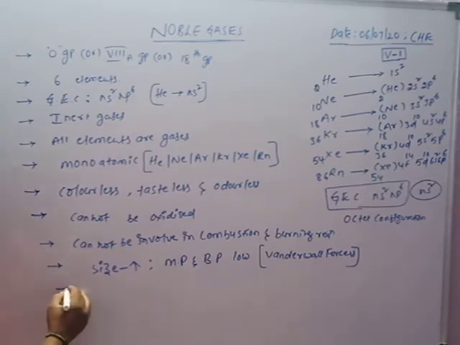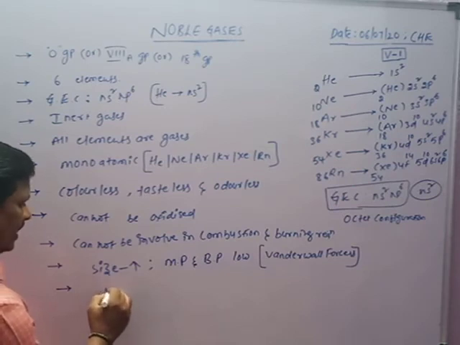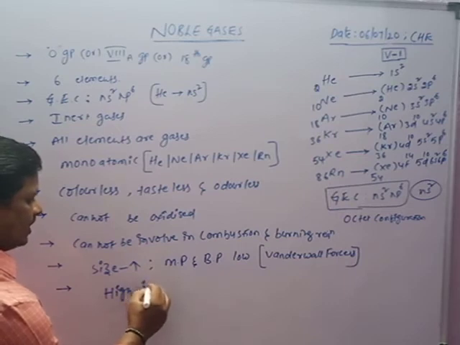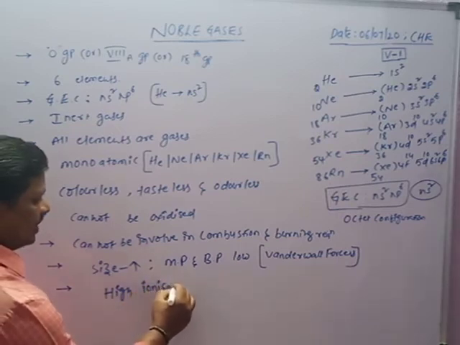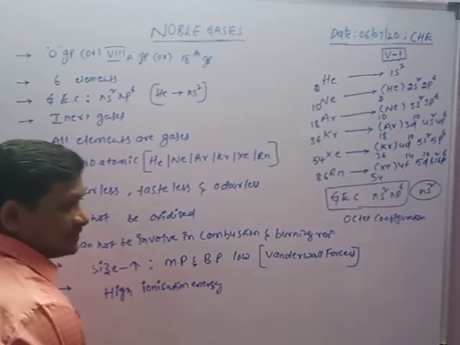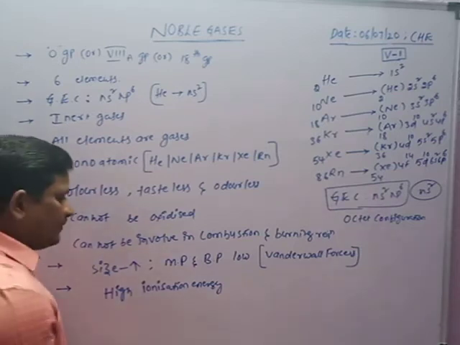Generally, these elements have very high ionization potential, or ionization energy. Why is ionization energy high? Ionization energy means the minimum amount of energy required for removal of an electron.